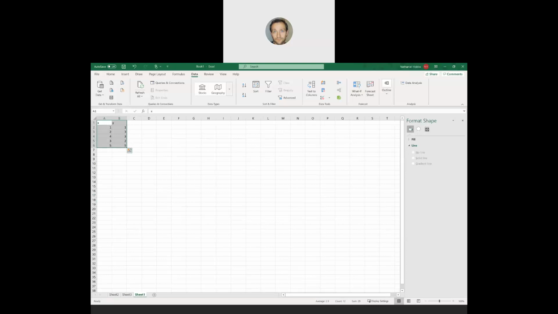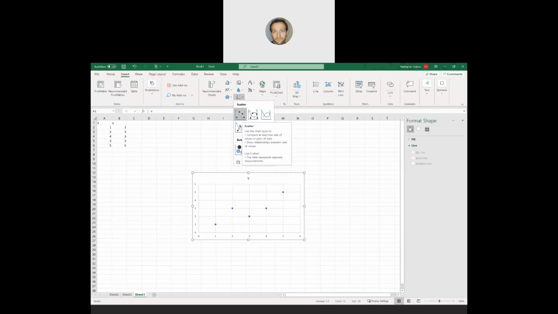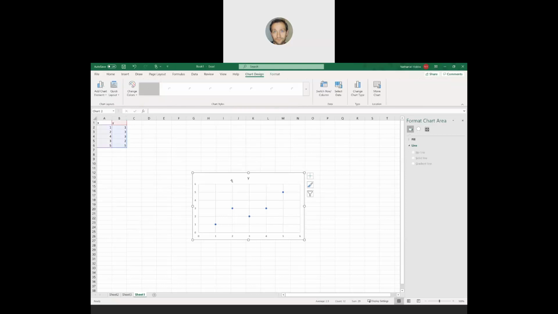So if you want a scatter plot, you highlight all of the data, and here, insert. And in charts, there's a scatter or bubble chart, and we're going to just choose this scatter plot. Okay, so these are the points.